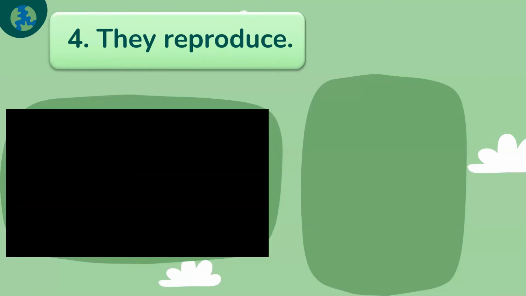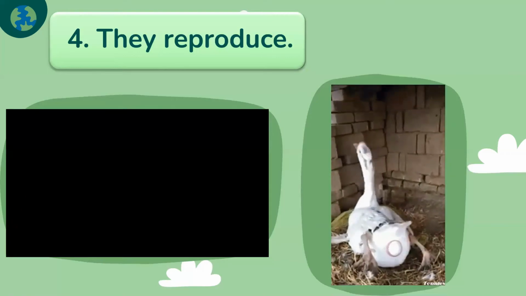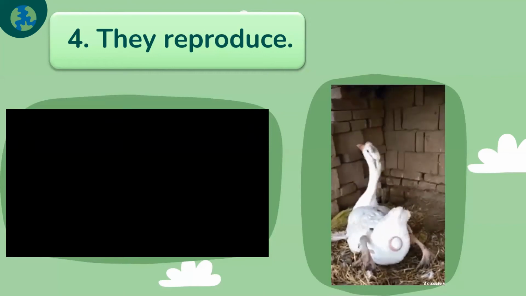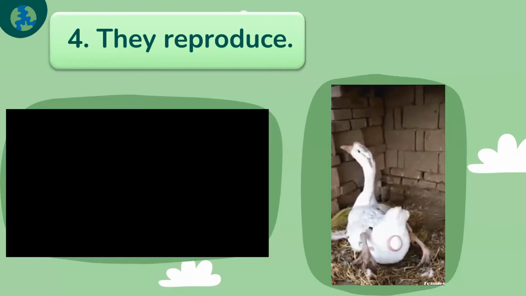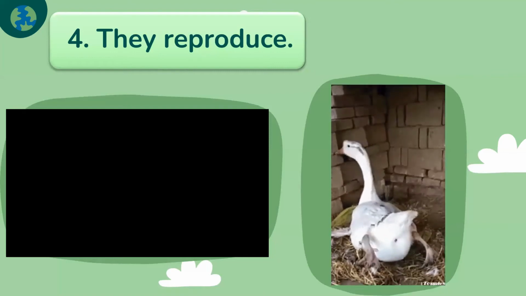Okay, so those were a lot of baby seahorses. By the way, a baby seahorse is called fry. Now, we can also see a goose laying its egg on the right side. That's how they reproduce. And for us humans, women give birth to babies.